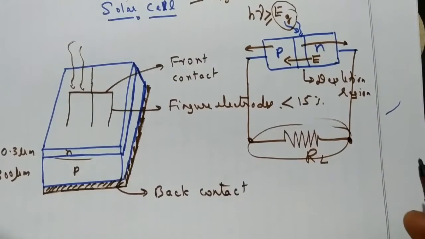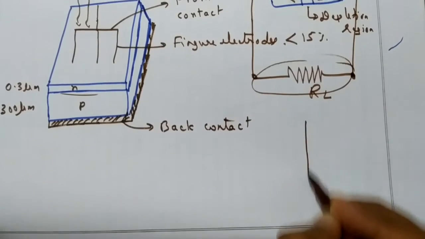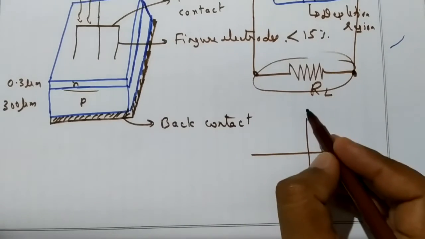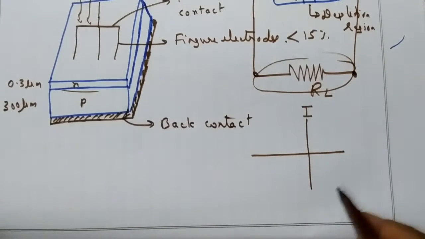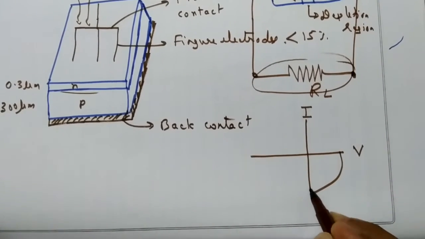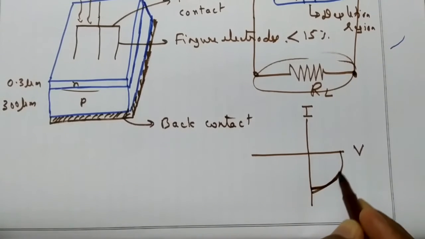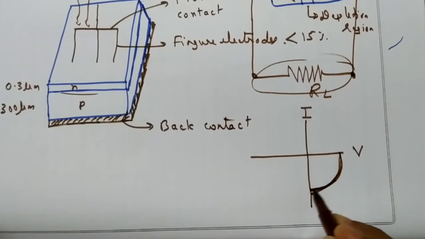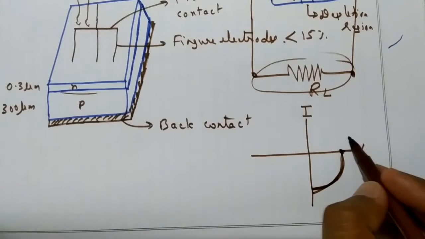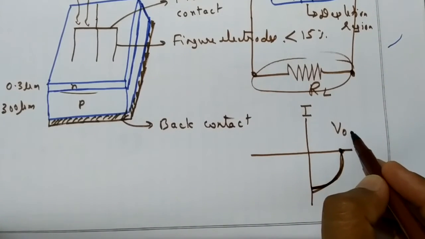The characteristics of this solar cell, the VI characteristics, will be I versus V, and it will be drawn in the fourth quadrant. It will be quite like this. And this point is called the open circuit voltage.